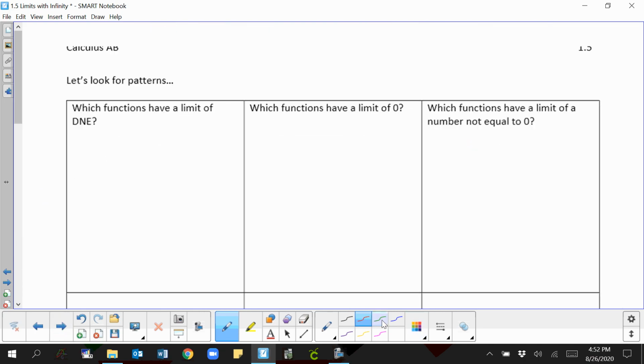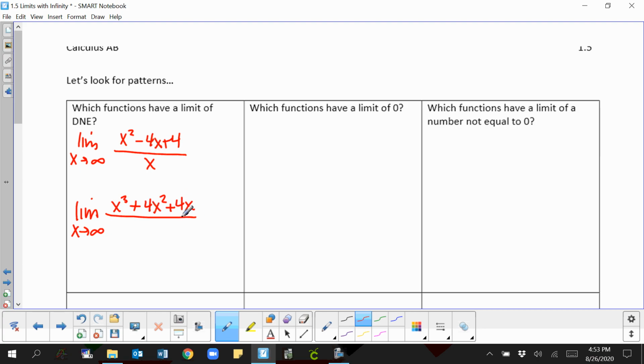So I'm going to say the limits that go off to infinity or negative infinity that do not exist are the limit as x approaches infinity of x squared minus 4x plus 4 over x, and the limit as x goes to infinity of x cubed plus 4x squared plus 4x all over x squared plus 2x minus 8.